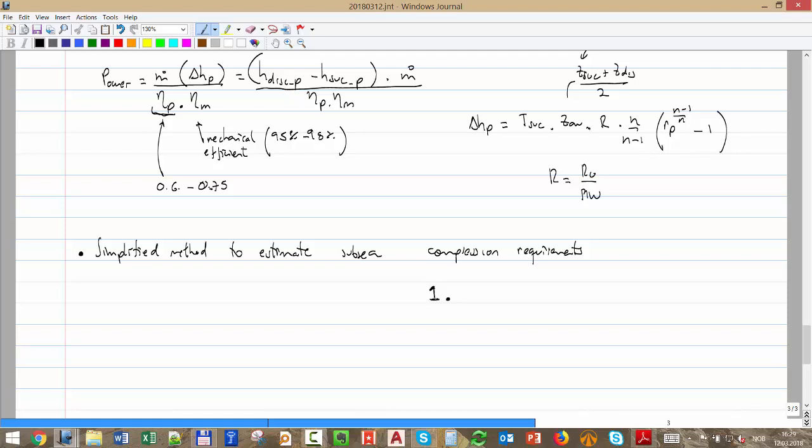Okay, so first we have to put a limit on the required compression power. And that limit, it's a bit difficult to say.